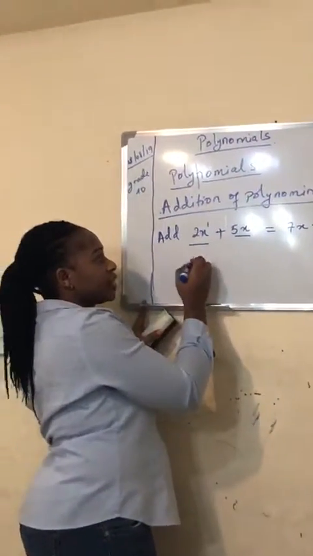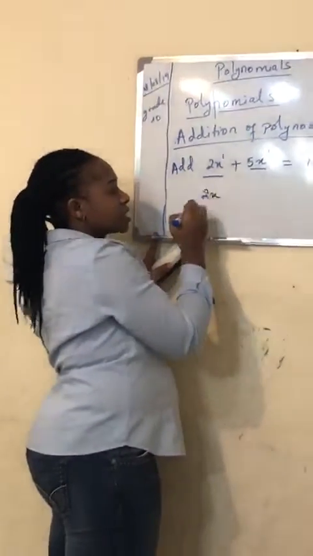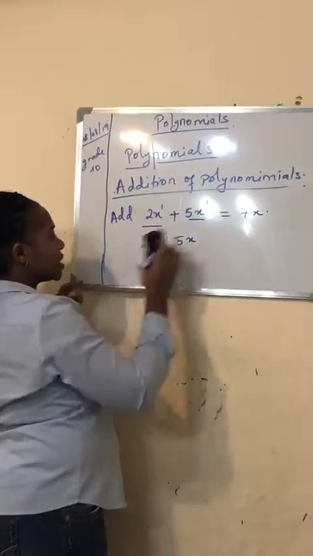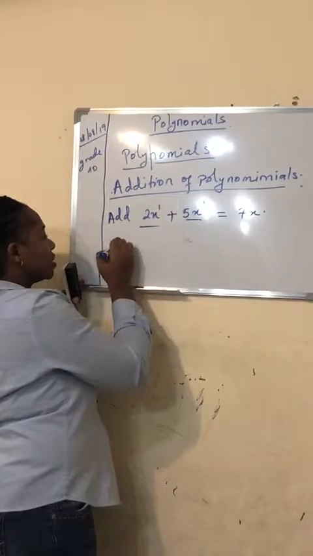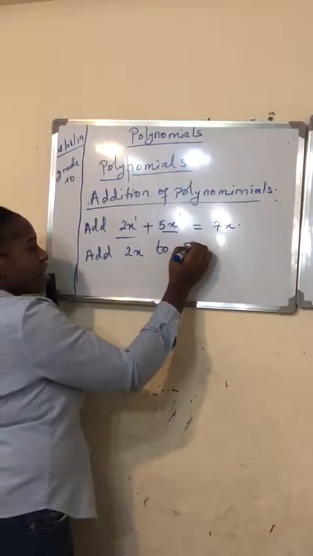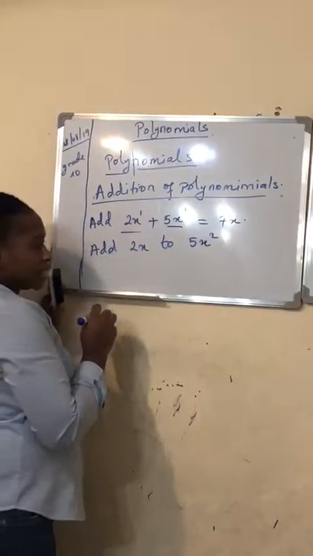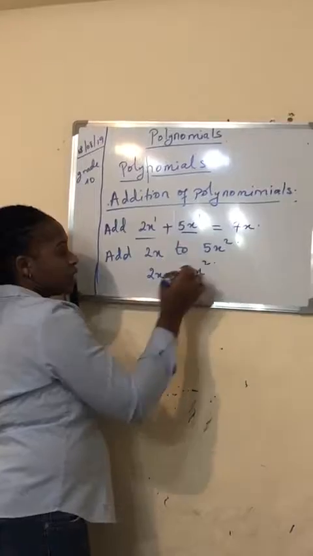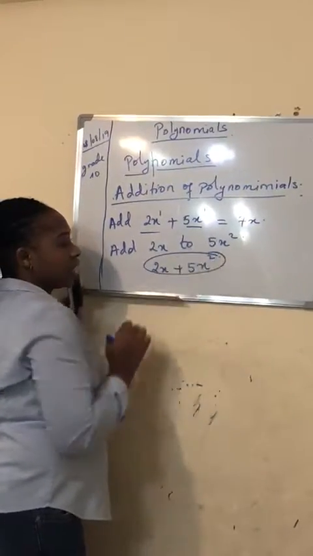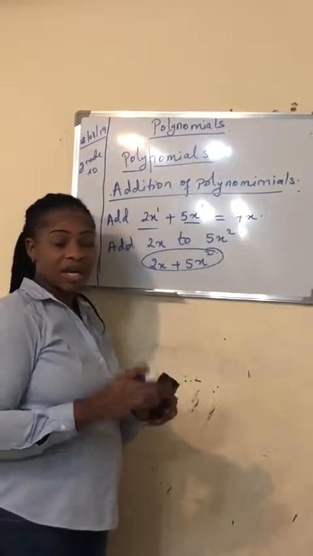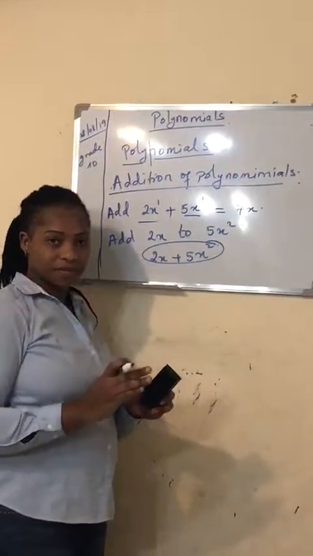But if I have, for example, 2x plus 5x squared, or I can say add 2x to 5x squared, it means we have 2x plus 5x squared. Now look at these two terms. It remains the same because both terms are of different degrees and they can't be added together.